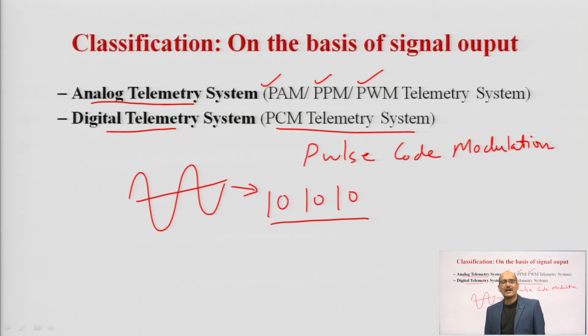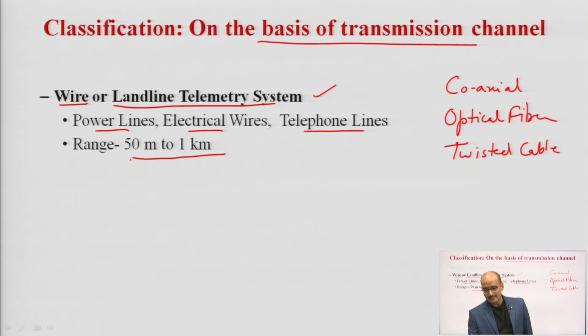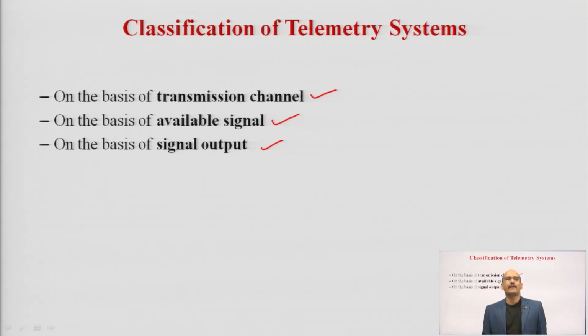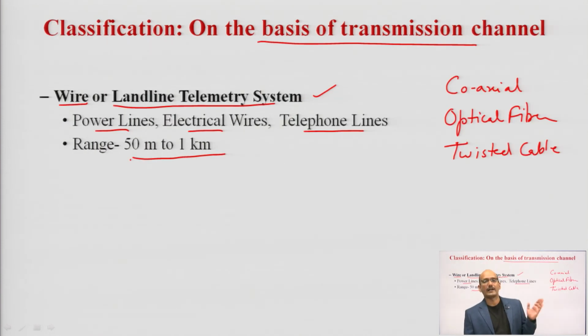So, this is the classification of various kinds of basic telemetry system. As per the classification we have various telemetry systems. First one is the transmission channel, meaning landline or wired or wireless telemetry system.